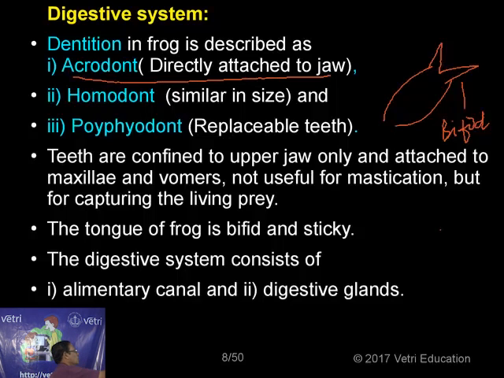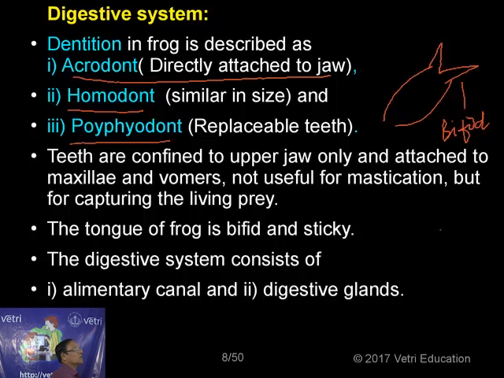Then it is also called homodont, all teeth being similar. Our teeth are called heterodont because we have four different types of teeth. But in the frog, homodont, all teeth are similar in size, attached directly to the jawbone. Then polyphyodont.